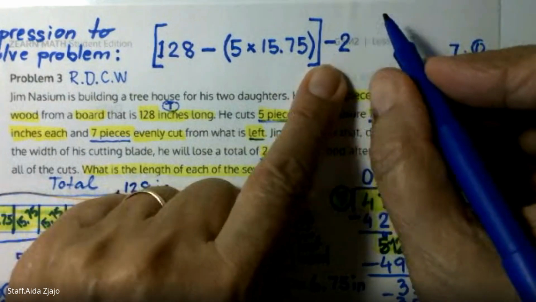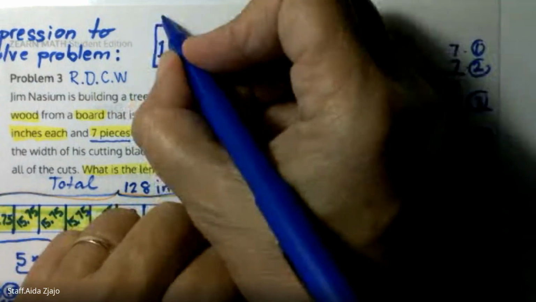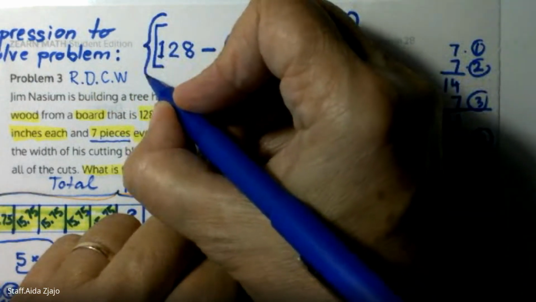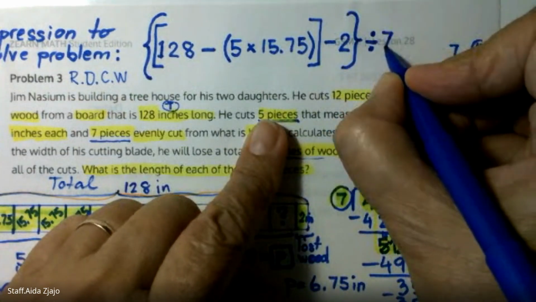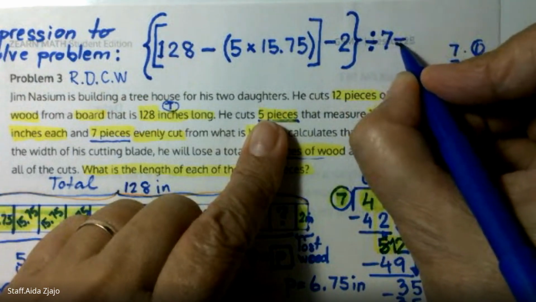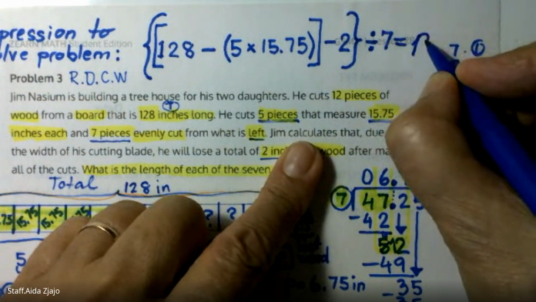And finally, I can use my braces so that when I finish this, I can divide everything into 7 equal pieces, and then I will find what my piece is.